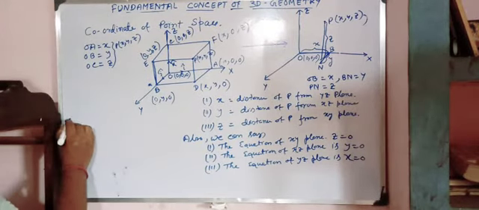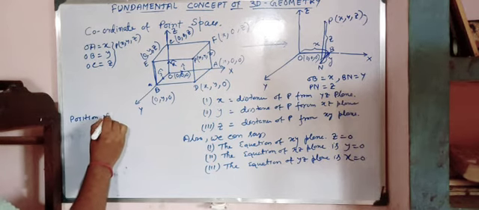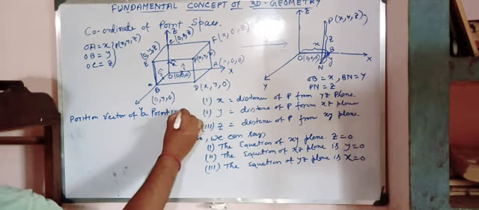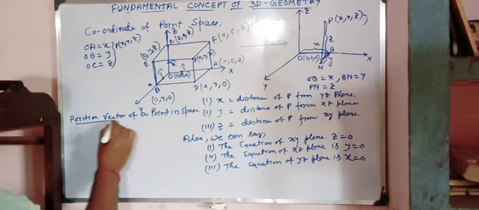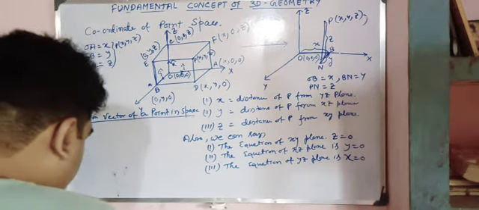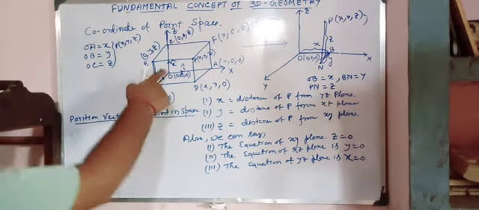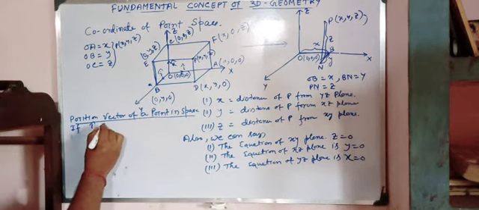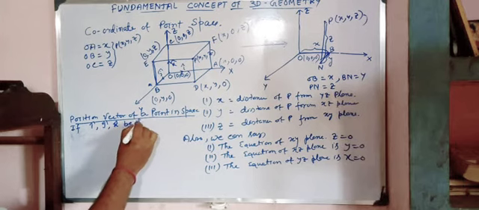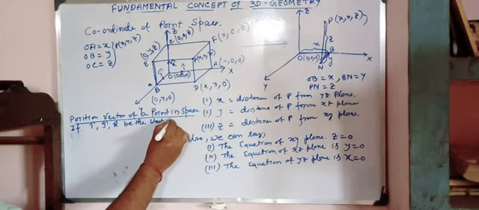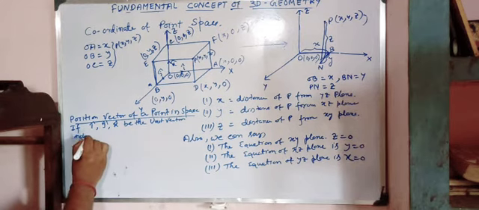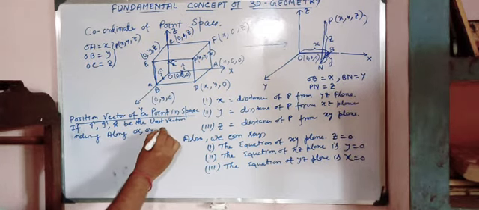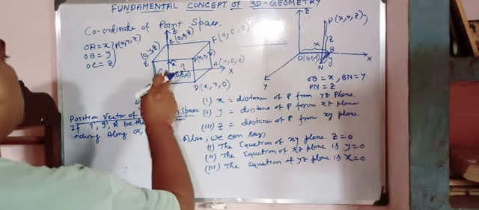Suppose we take a unit vector along the x-axis, a unit vector along the y-axis, and a unit vector along the z-axis. Understood that? Now, the position vector of a point in space: if i, j, k be the unit vectors taken along OX, OY, OZ.